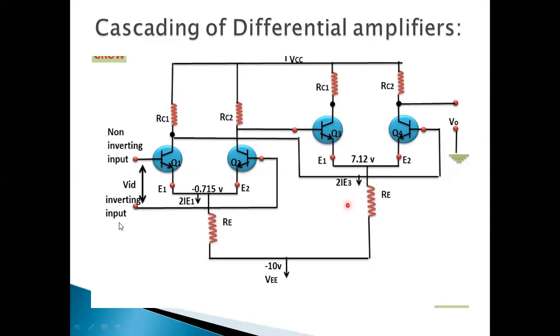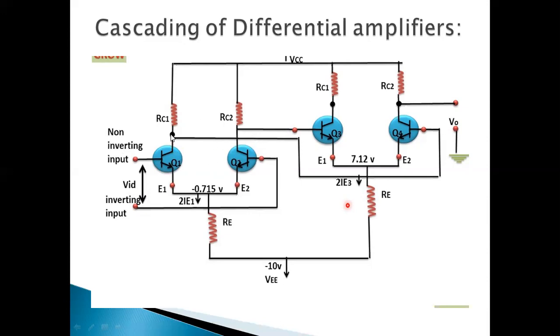The inverting input represents a negative sign, which provides the output 180 degrees out of phase with the input, and the non-inverting input represents a positive sign, which provides the output in phase with the input. Whenever we apply input to the differential amplifier, here we are applying two inputs, that means dual input, and we are taking the output between two collectors.